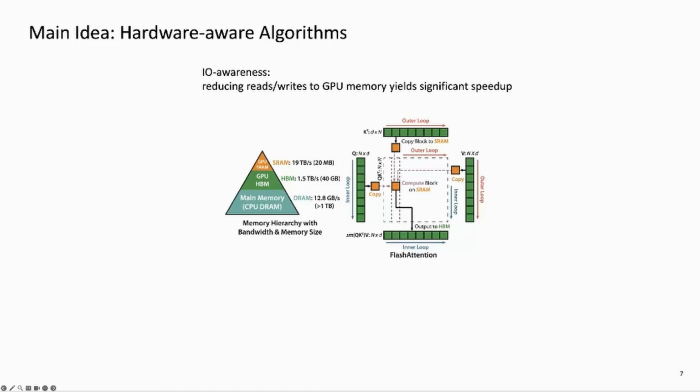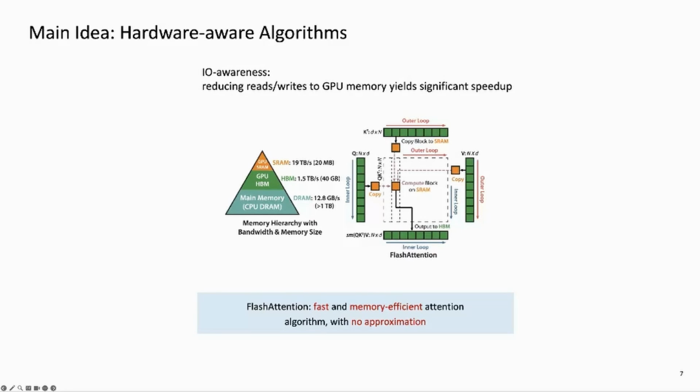And FlashAttention is an example of that, where by reducing reads and writes to memory, it turns out we can get a significant speedup, on the order of now like 5 to 9x. I'll talk about how we can get, for example, FlashAttention to be fast and memory efficient. And the nice thing is we don't do any approximation, so we compute the same answer. So it's a kind of drop-in replacement.